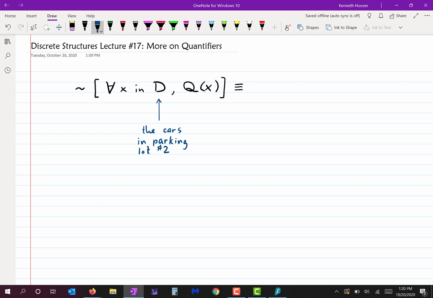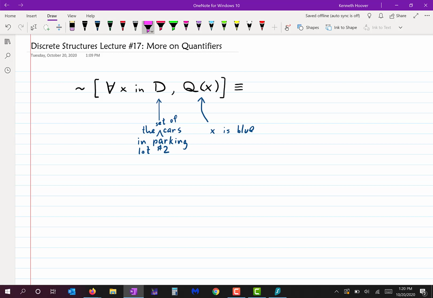And what if Q of x is the statement x is blue.